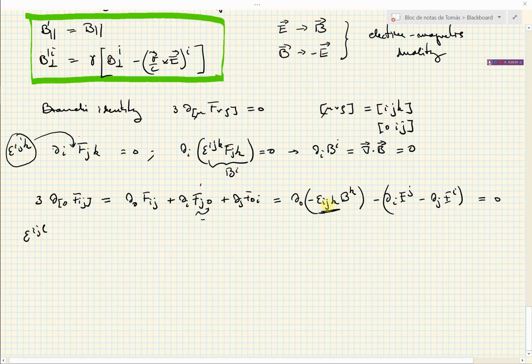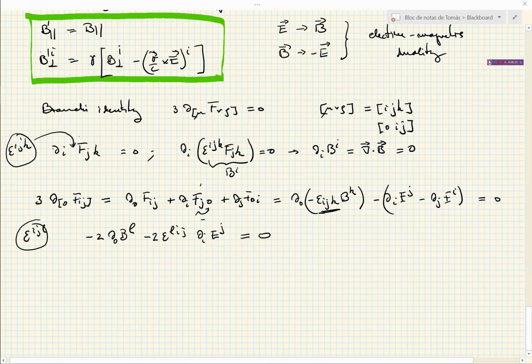Then I am contracting two indices with two indices. This gives me minus 2 delta kl, so minus 2 partial 0 of B_l, minus, and this is antisymmetric in ij. We are multiplying by this, which is also antisymmetric in ij, so I get a factor of 2, and then this is epsilon l i j partial i E_j, and this factor of 2, as I said. And this equals 0.